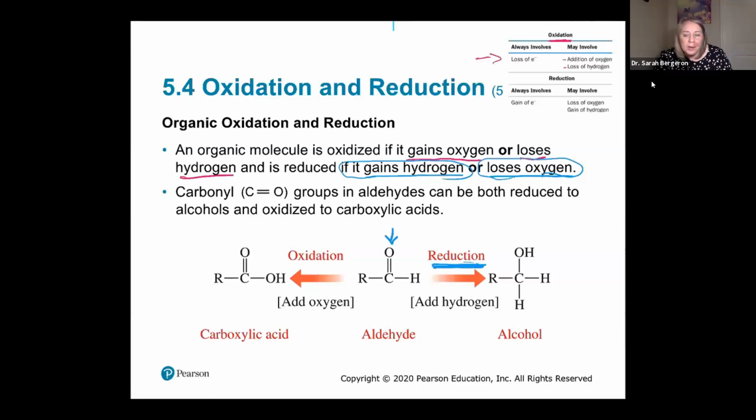How do we know? I'm going to look at my carbon and see what's around it. Here I had an oxygen. Here I have an alcohol, that's the functional group of an alcohol. And then I have a hydrogen here, and I had nothing here before, and now I have a hydrogen. So what happened? I added a hydrogen in order to create this alcohol.